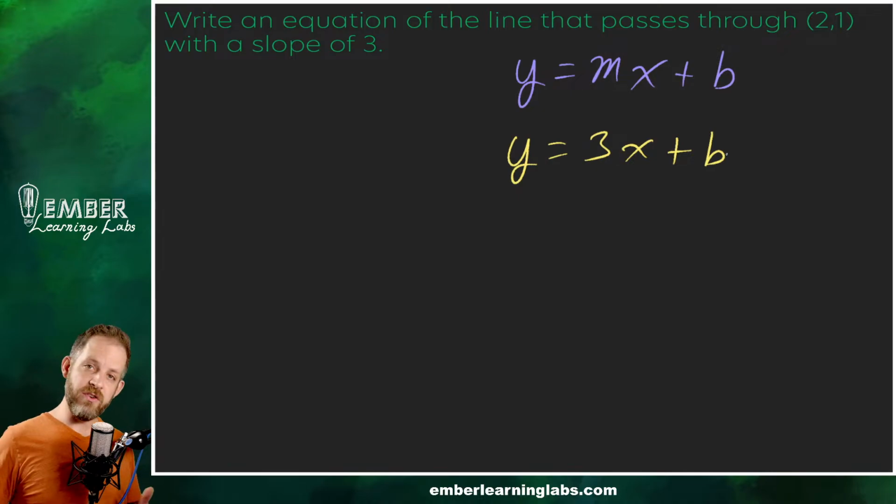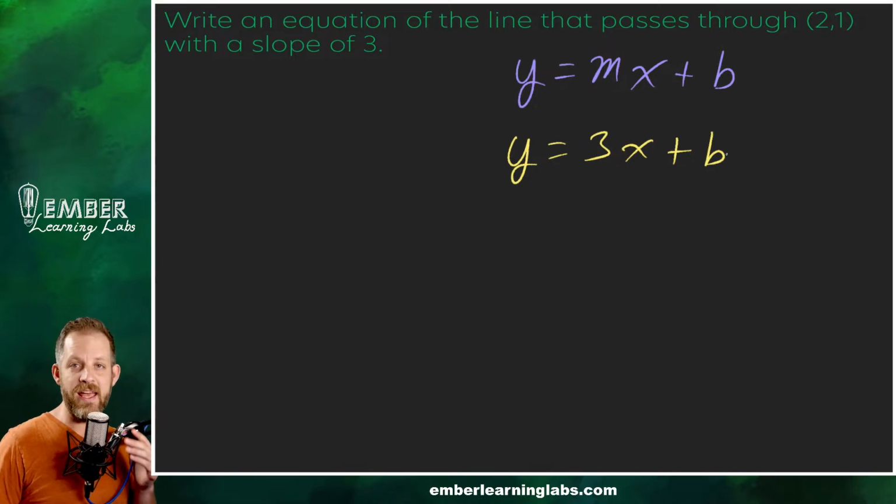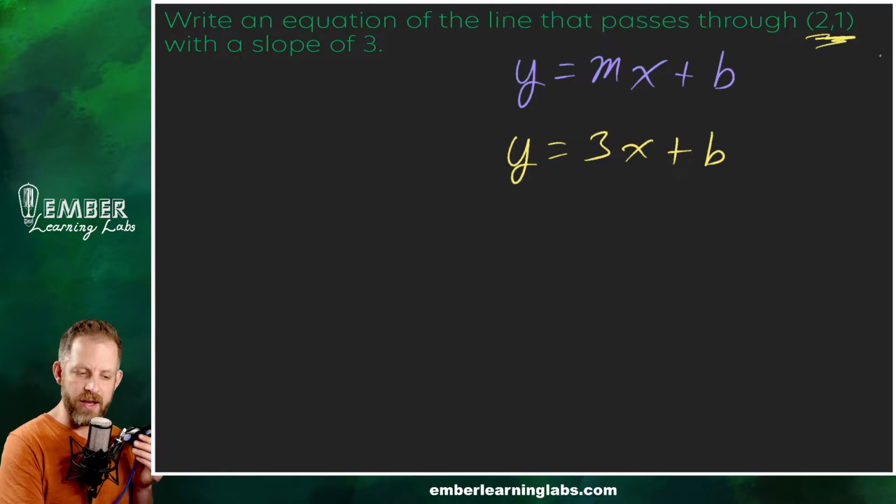Now, to finish this equation out, we need to know what b is. That's the information that we need. What are we given? We're given that there is a point on the line, 2, 1. We can use that by plugging it into this equation and then solving for b. So we're going to plug in the 2 for the x and the 1 for the y.